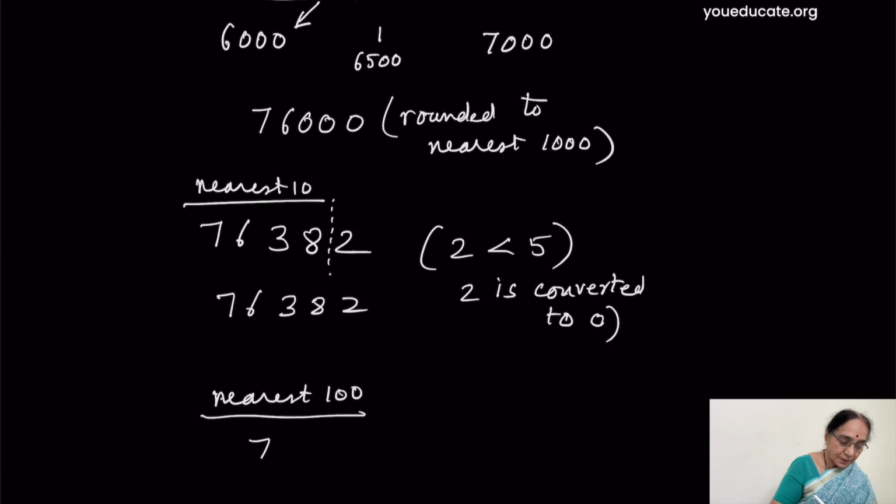76,382, nearest 100. So what I do is I just draw the line between the hundreds place and the tens place. Now I see the number that is immediately after this imaginary line. It is 8. Now 8 is greater than 5. So 1 is added to the previous digit.